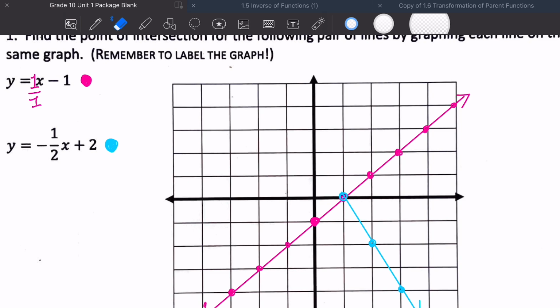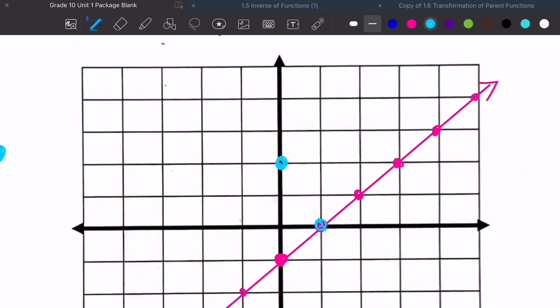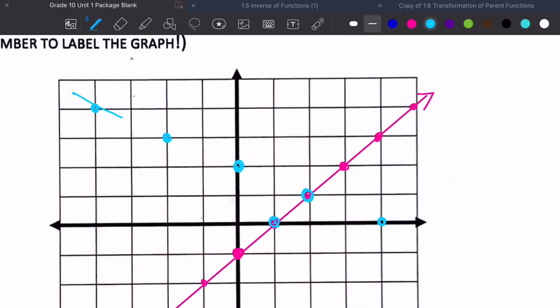Okay, so we said starting point was 2, but we go down 1 over 2. See how quick? Even math teachers are susceptible to this human error.